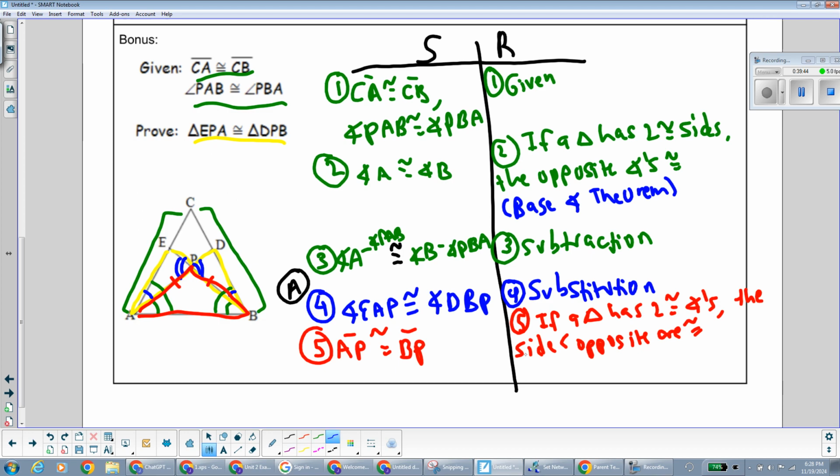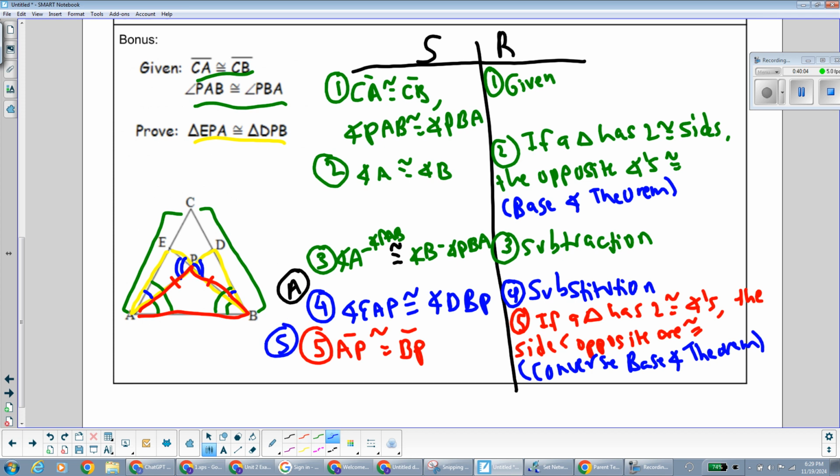And that is the converse of the base angle theorem. If you just wrote base angle theorem, you'd be marked incorrect. That's why it's better to just write it out in words and just say what you mean. So that gives us the side that we're using for angle, side, angle.